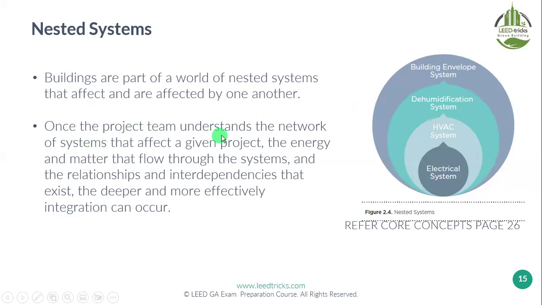Once the project team understands the network of systems that affect a given project, the energy and matter that flow through these systems, and the relationships and interdependencies that exist, the deeper and more effective the integration can be. The more you understand how these systems work and how they are integrated together, the more you can save energy and achieve efficiency.